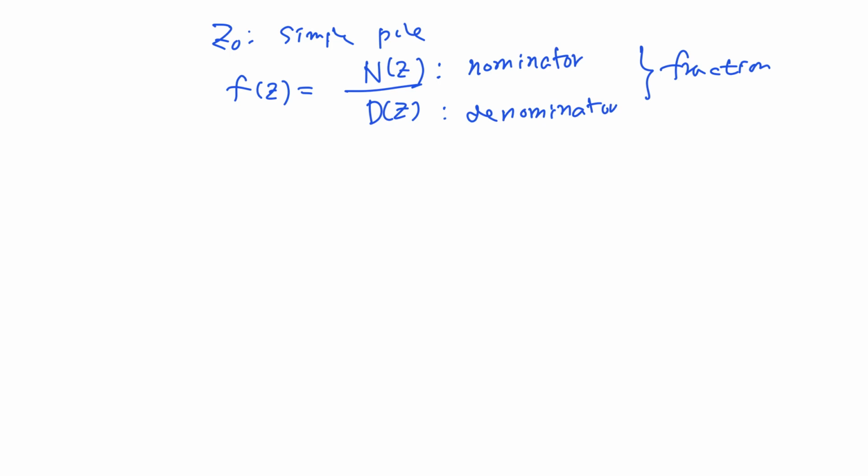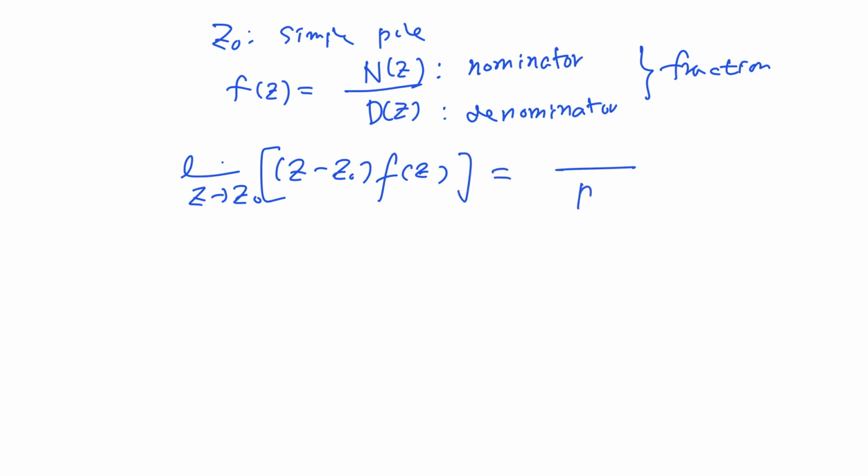Then the residue is simply p(z naught) over q'(z naught).